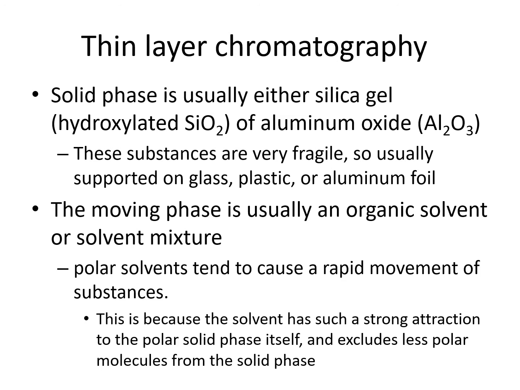And the third technique is column chromatography, where the solid phase is packed in a column in a glass tubing, and the sample will be put at the top of this glass tubing, and the separation will happen as a result of the solvent movement down the column due to gravity action.